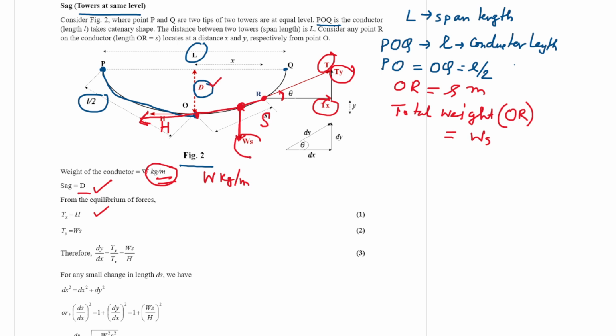So this Ws will be balanced by this Ty, that is equation 2.